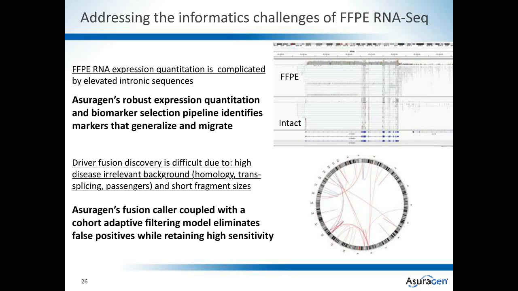And we can also have a background driven by real biology, such as trans-splicing events that occur in wild-type cells, as well as passenger fusions that are not actually causal agents of the disease. These challenges are further compounded with the shorter fragment sizes that we see typically in FFPE RNAseq. To overcome these challenges, Asuragen has developed a very sensitive upfront fusion caller coupled with a cohort adaptive filter that eliminates most false positives while retaining high sensitivity.